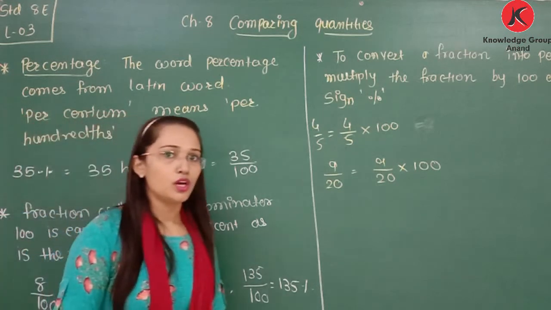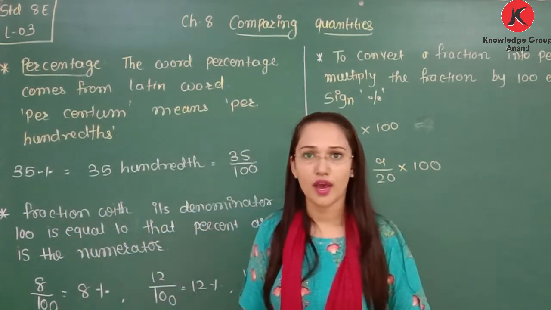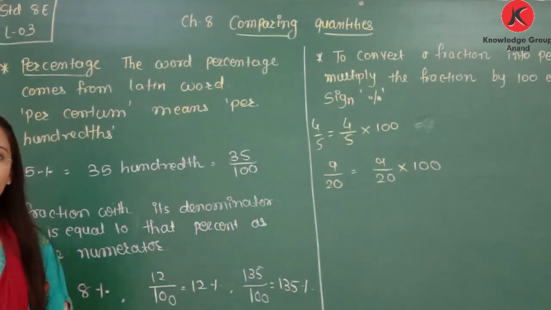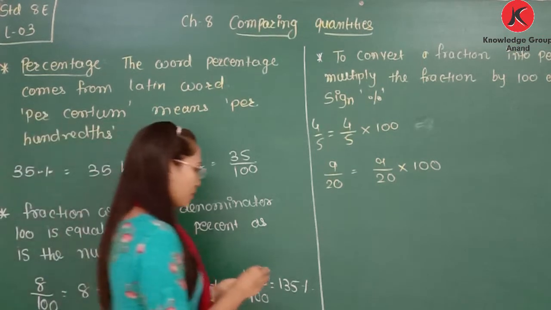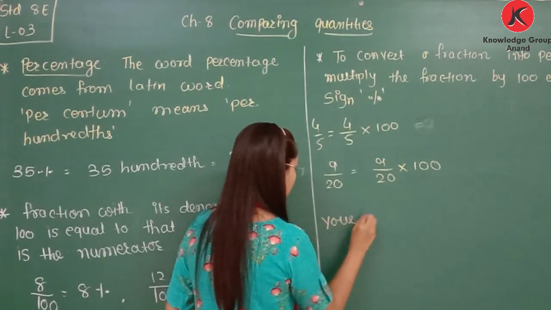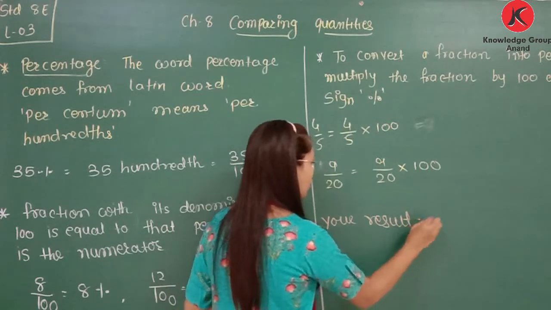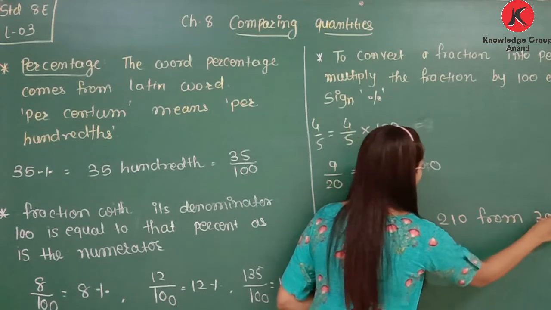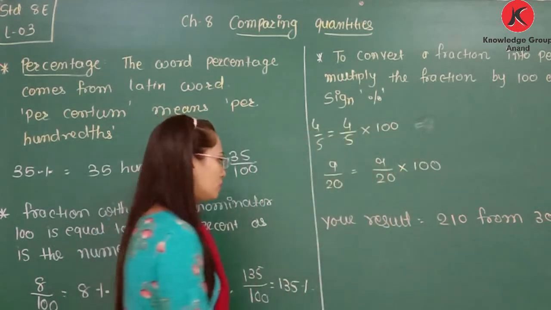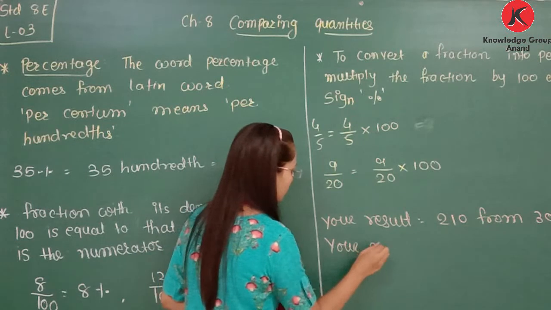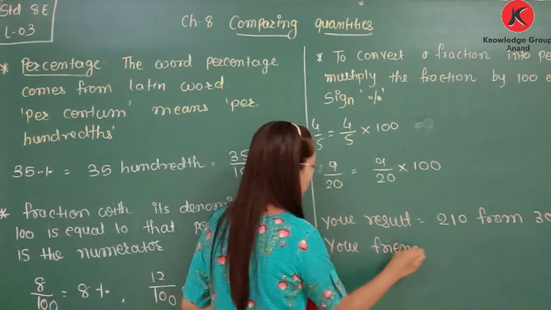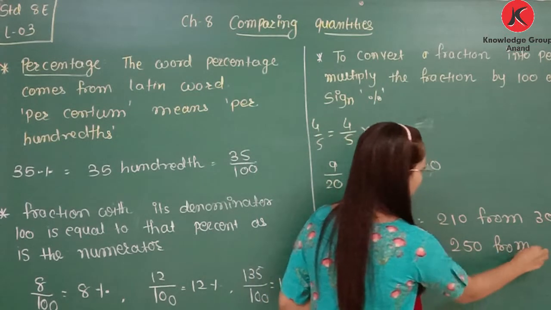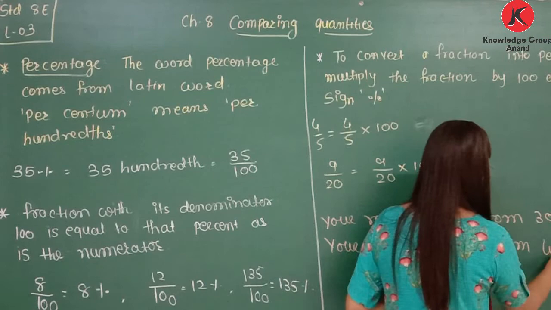So where do we use the percentage? For example, you got your result and from the total 300 marks, you get 210 marks. So your result is 210 from 300. And your friend, in another school, gets 250 from 400.